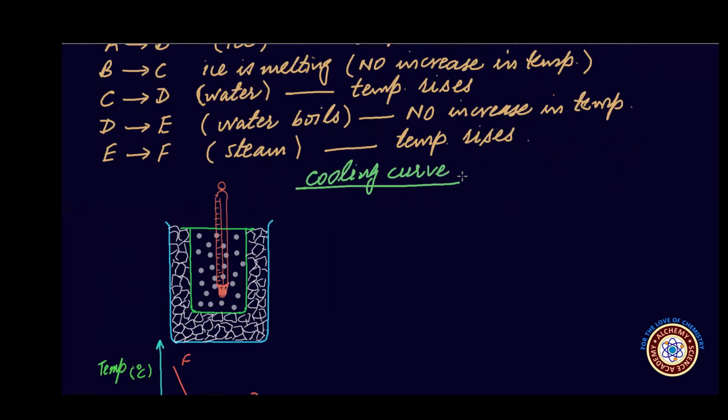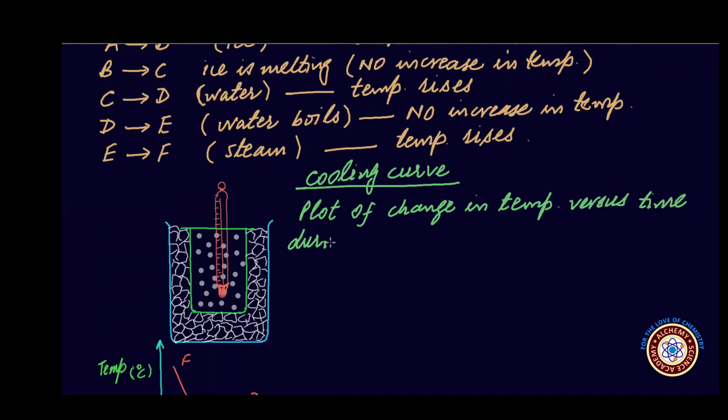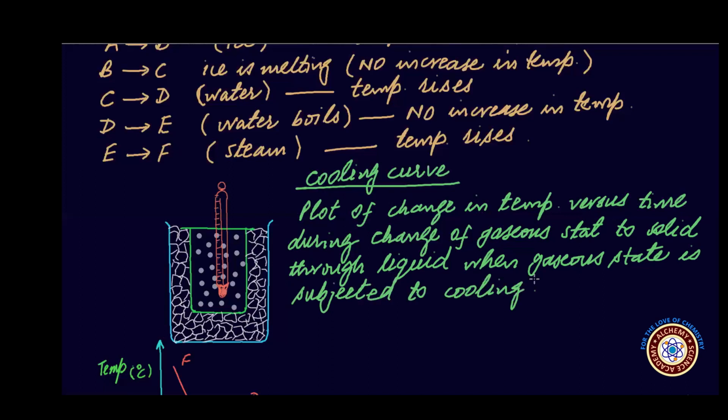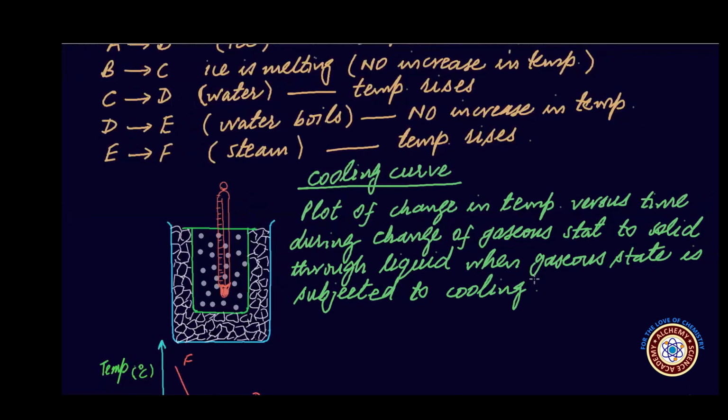A cooling curve is a plot of change in temperature versus time during the change of vapor or gaseous state to solid through liquid, when the gaseous state is subjected to cooling. So this plot is called a cooling curve of the state of matter.